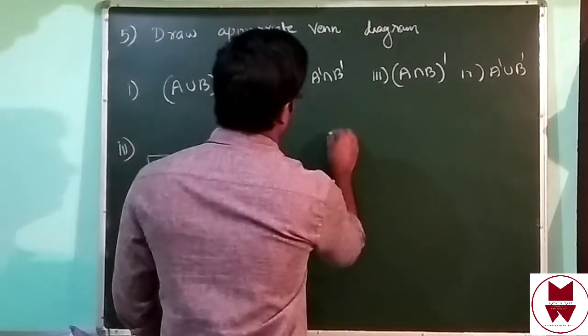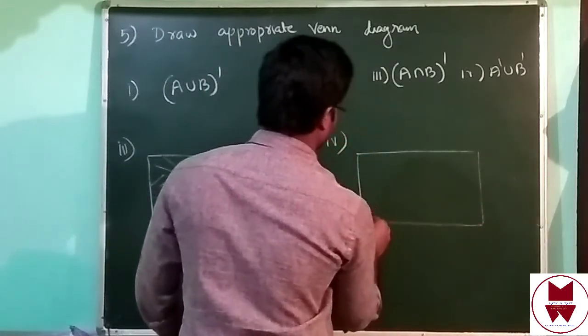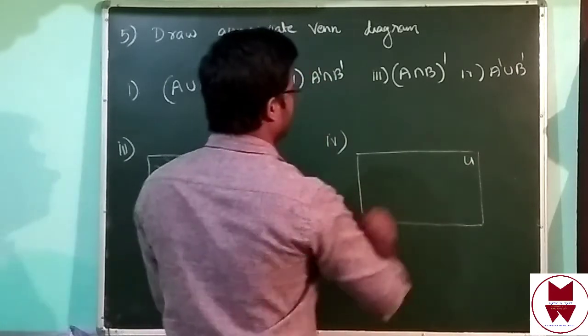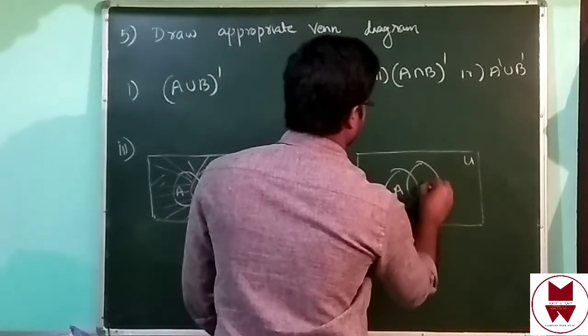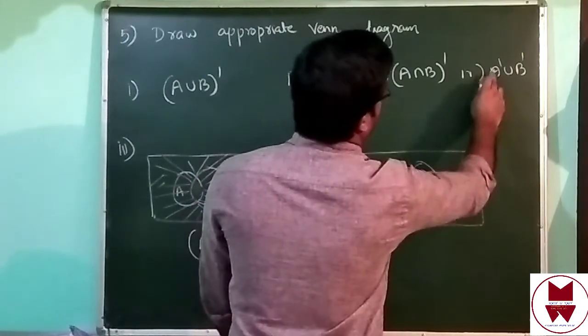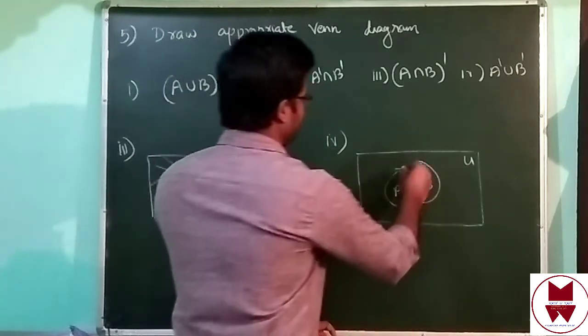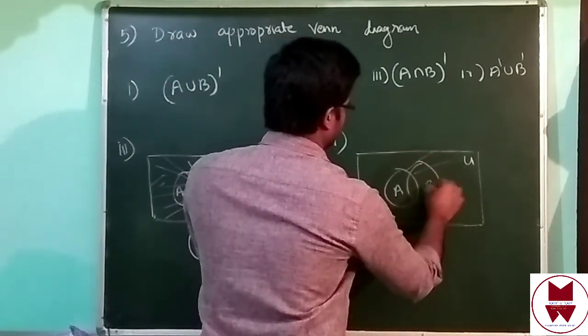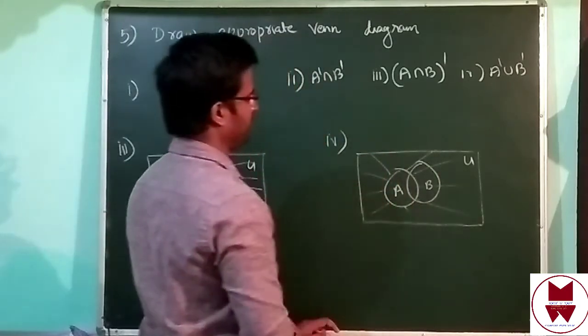Then 4. Draw U, first set A, set B. A complement means the outside part. We will consider A complement.